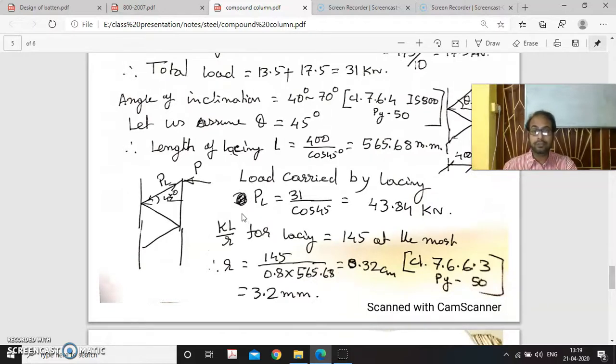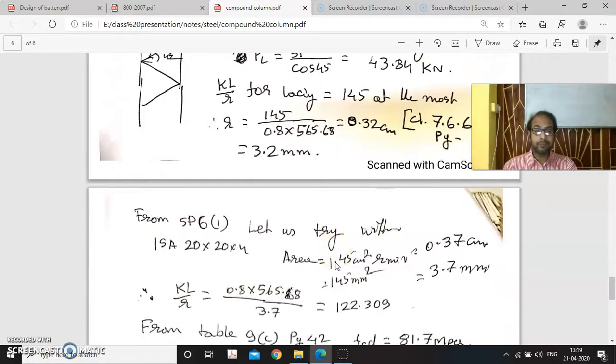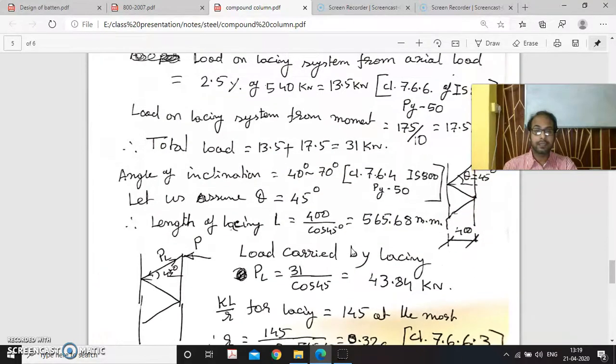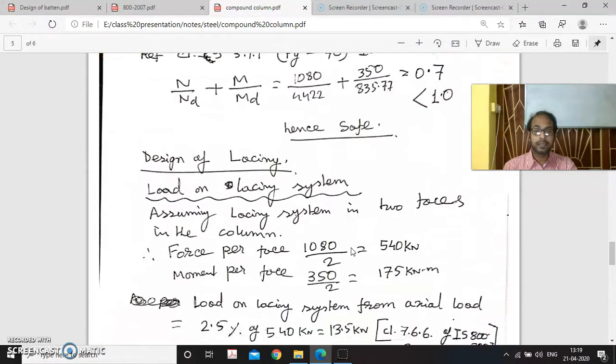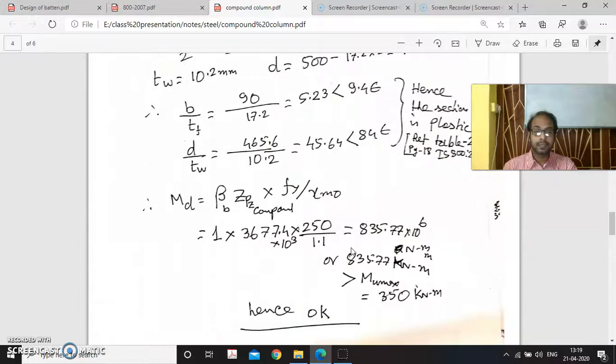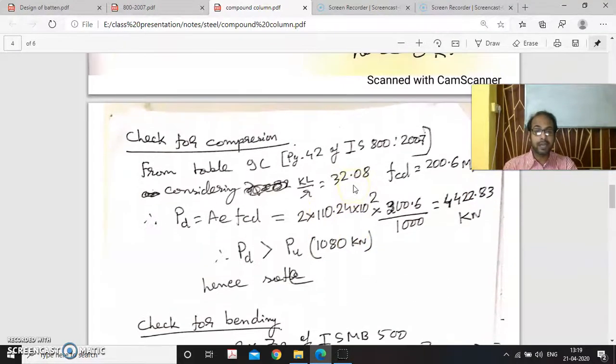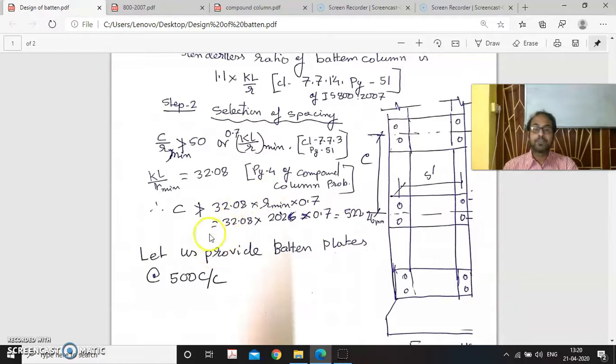If you go on searching, KL by r was found to be, this was checked for compression. So KL by r was found to be 32.08. So we have just taken that reference. So 32.08 into r minimum.